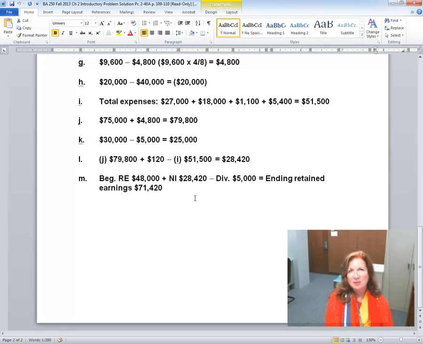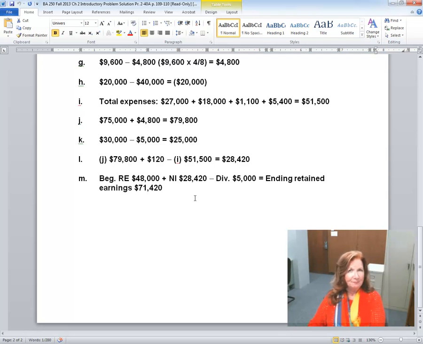My assumption is, of course, that you would have read Chapter 2 first. You would have taken down those notes of what were the economic events that were happening. Do I understand those? What were the formulas that would be matching to that economic activity? And then how would I enter those onto the worksheet?